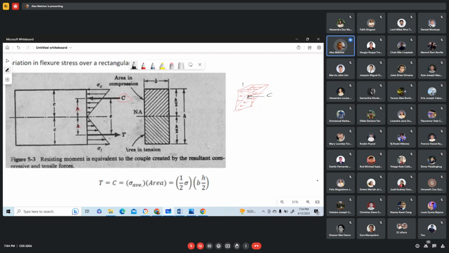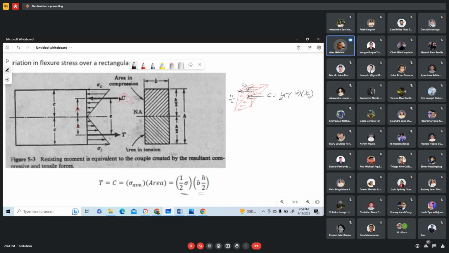So this is our B, and this is h/2, and this is our maximum stress. So our C therefore is the average of that maximum stress multiplied by the area, which is B times h/2. So that is why we have now this.